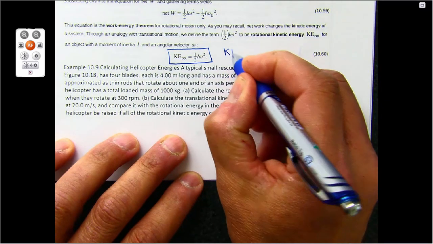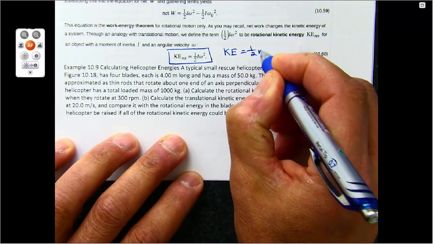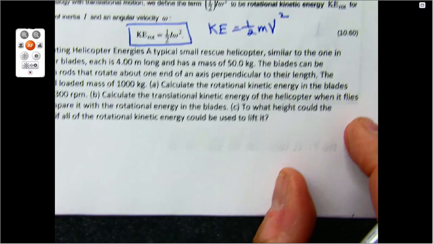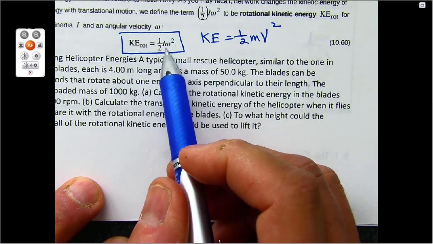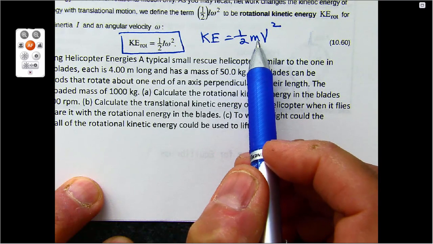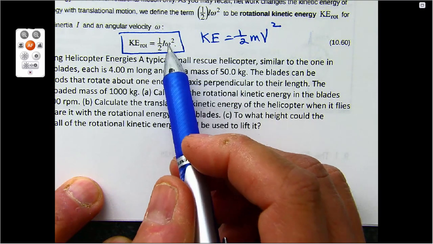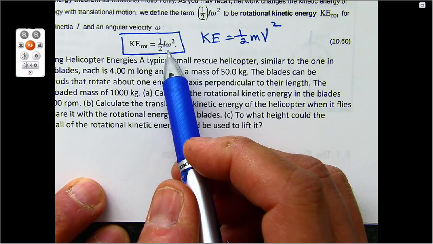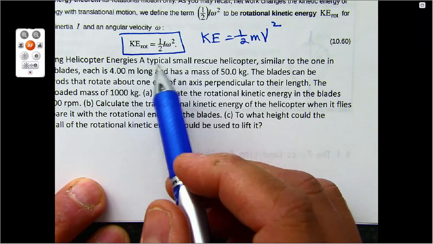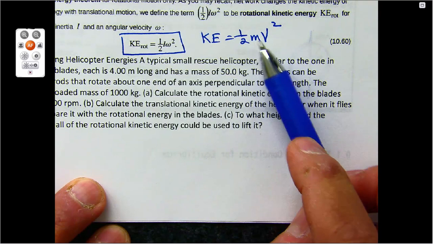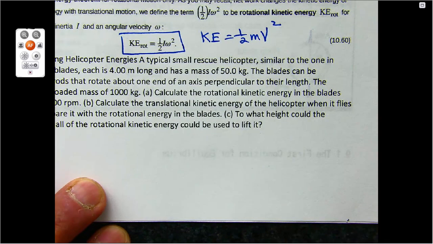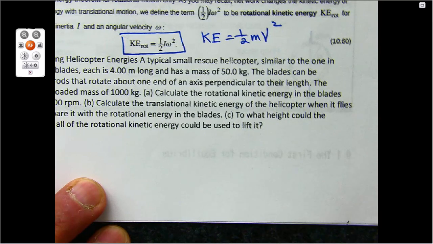Previously we did kinetic energy this way. If it's rotating, 1/2 I omega squared, where I is the rotational equivalent of mass, and omega is the rotational velocity, right? So you have rotational kinetic energy. It looks the same. Again, your moment of inertia is your rotational equivalent of mass, I. Okay?